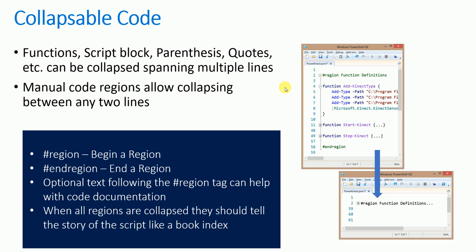That will help you to troubleshoot the function. But to make it collapsible, you have to use the #region begin and the #endregion. In between the code, start region function and end region function, it will automatically convert into collapse mode, collapsible.